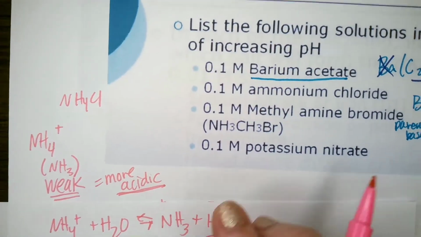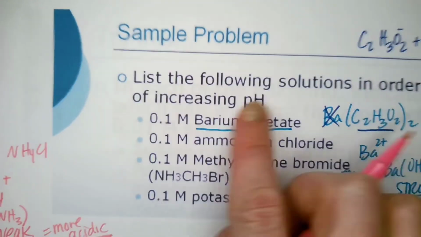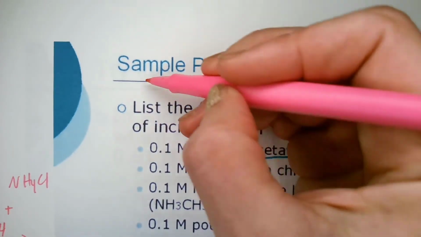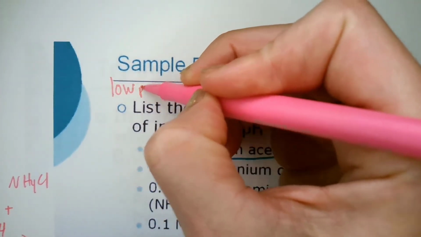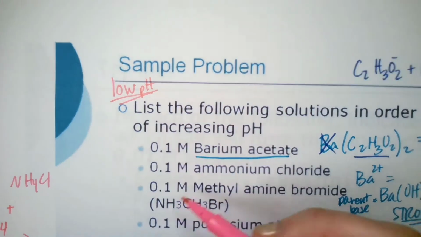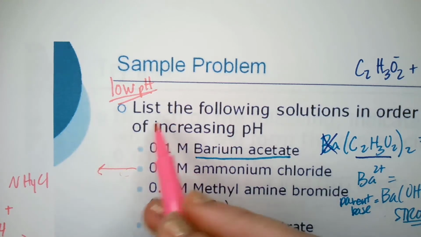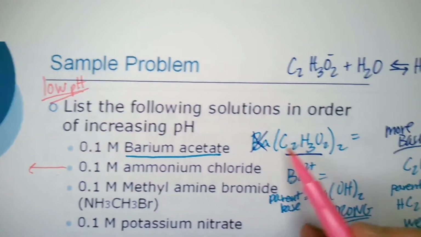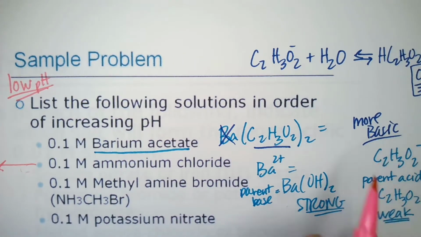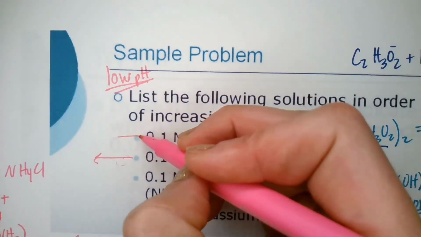So on our number line so far, in increasing order of pH, a low pH means more acidic, so this one is going to be lower, on the left side of our number line. And barium acetate is going to become more basic, so it's going to be on the right side.